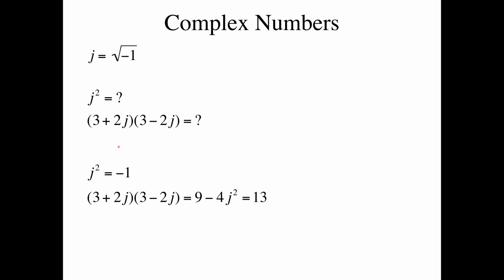And you can see in this case, the product of those 2 complex numbers is a real number, right? Because the j squared appears here and the other j terms cancel out. And so that means the 3 plus 2j is sticking up in one direction, the 3 minus 2j is down the other direction in the plane. And when you look at the amplitude of the multiplication of those 2 vectors, you get a real number and no phase term.